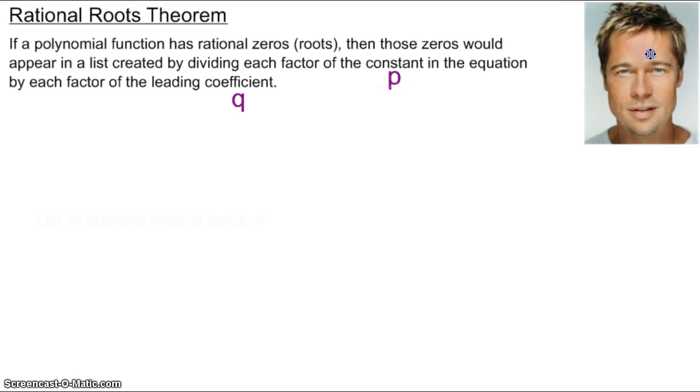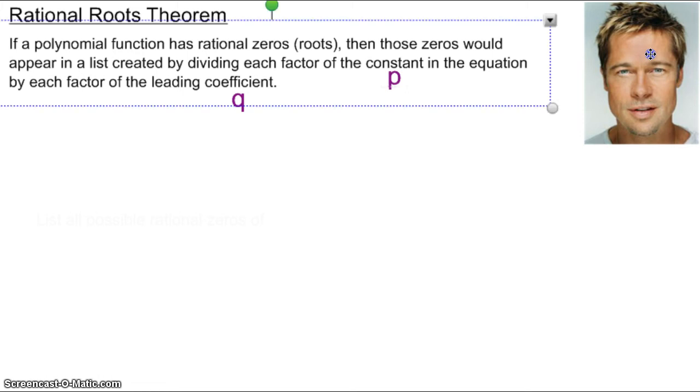There I am. Great. The first thing that we want to take a look at is something called the rational roots theorem. Here's what the rational roots theorem says. If a polynomial function has rational zeros, we also will call those roots, then those zeros would appear in a list created by dividing each factor of whatever the constant term is in the equation by each factor of whatever the leading coefficient of the polynomial is.